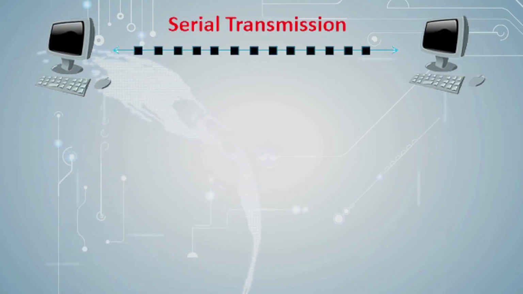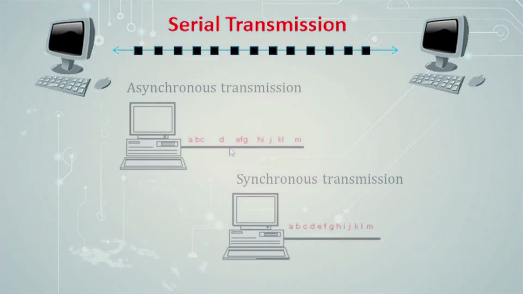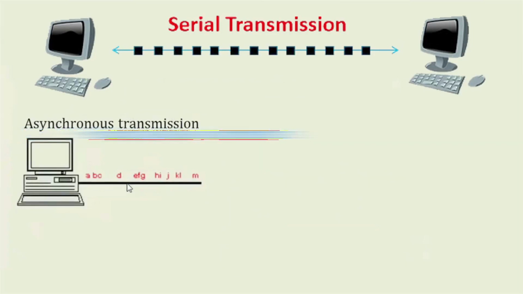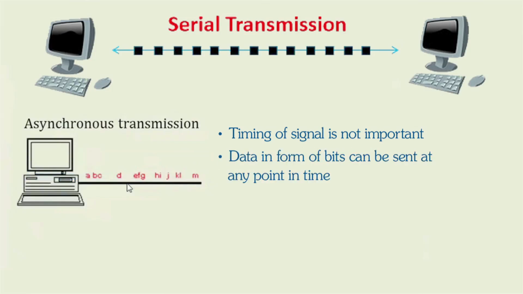Now the serial data transmission is again of two types, what we say is synchronous transmission, and the second is called asynchronous transmission. Now let's take asynchronous transmission: the timing of the signal is not very important. Data in the form of bits can be sent at any point of time, so the timing is not very important.